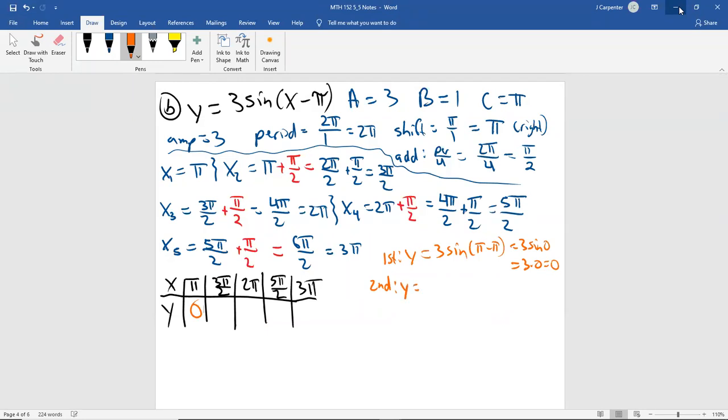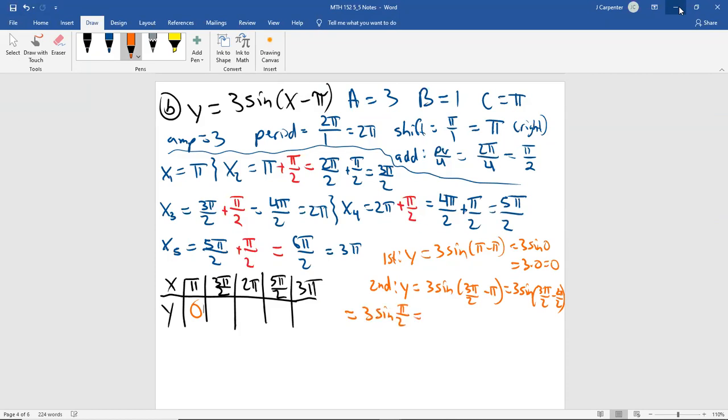Y equals 3 times the sine of 3 pi over 2 minus pi, which is 3 times the sine of 3 pi over 2 minus 2 pi over 2. Sorry, that's getting a little squished. All I did was get an LCD. That's 2 pi over 2 there. 3 minus 2 is 1. So that's 3 times the sine of pi over 2.